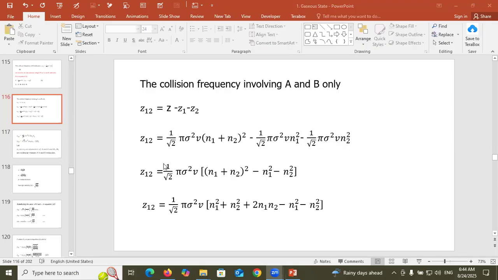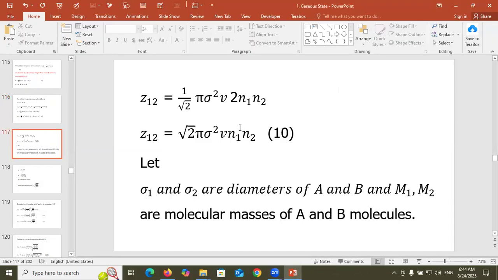So Z12 equals 1 over root 2 pi sigma squared v times ((n1 plus n2) squared minus n1 squared minus n2 squared), which is n1 squared plus n2 squared plus 2 n1 n2 minus n1 squared minus n2 squared. So Z12 equals 1 over root 2 pi sigma squared v 2 n1 n2.